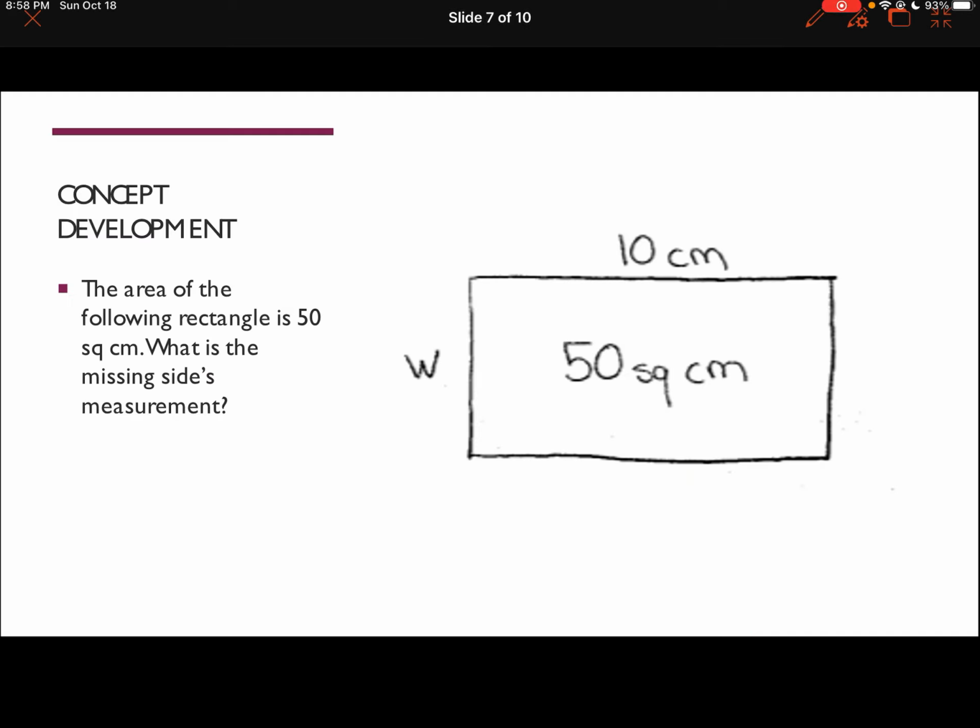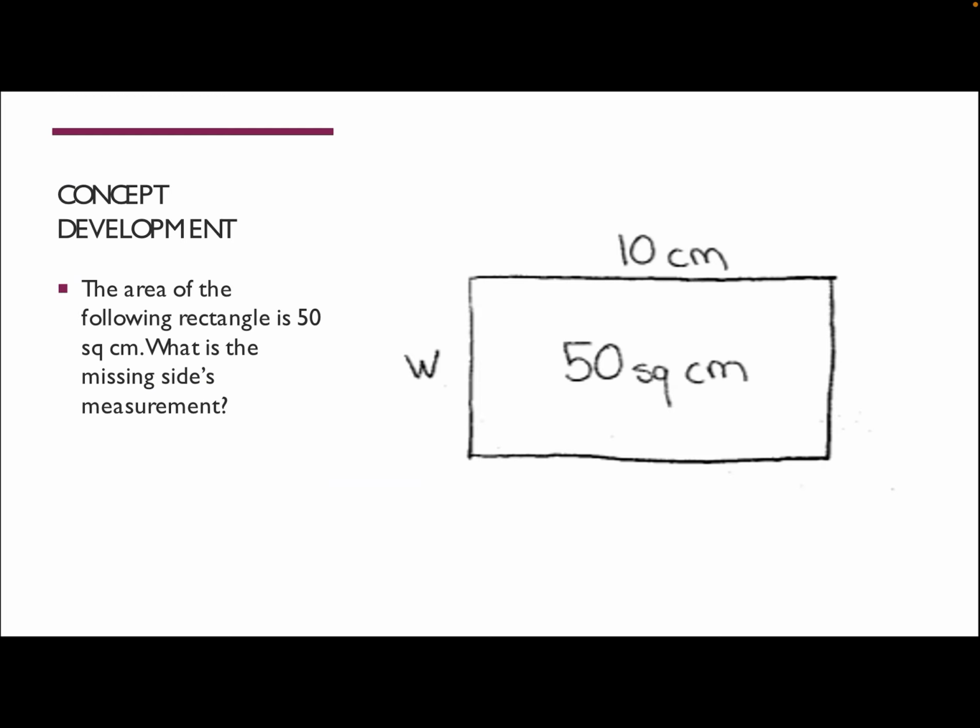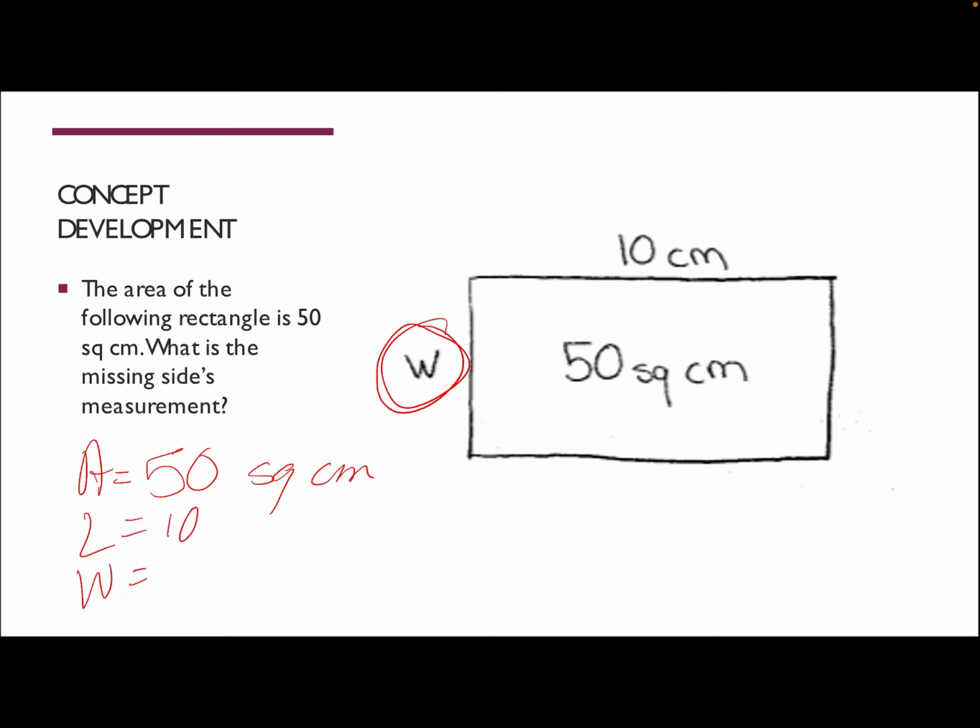Now, let's look at our next example, which is the opposite. It tells us what the area is this time, and we have to solve for the missing side here. So it tells us that the total area is 50 square centimeters, and one of the sides is 10 centimeters. So we know that area is 50, length is 10, and width is question mark, we don't know.